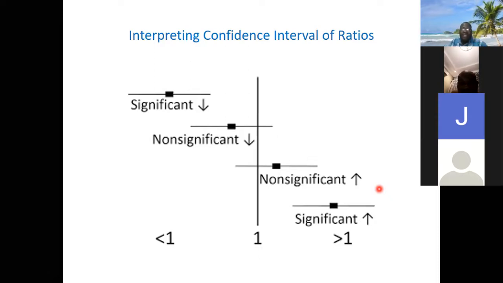It's only the first and the last that are significant. In the first, the risk is less than 1, meaning the people that are exposed are less likely to have the event. Exposure is protective and is significant. And the last one shows that the exposure is causing it. It's causative and it's significant.